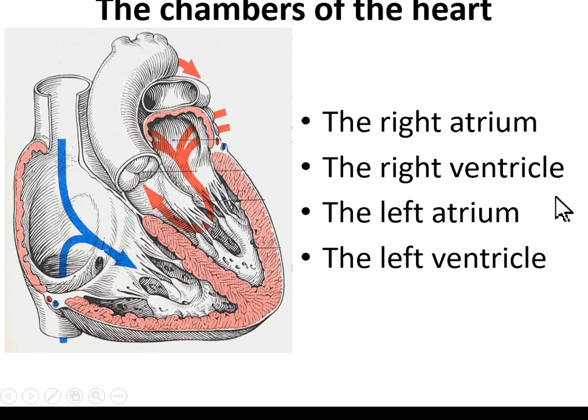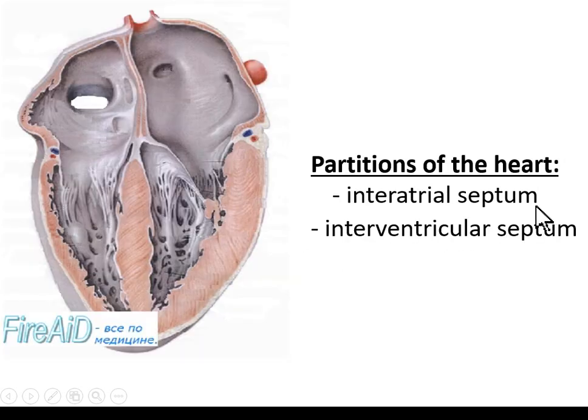Structure of the heart. The heart has four chambers: the right atrium, right ventricle, left atrium, and left ventricle. We can see it in this frontal section of the heart.